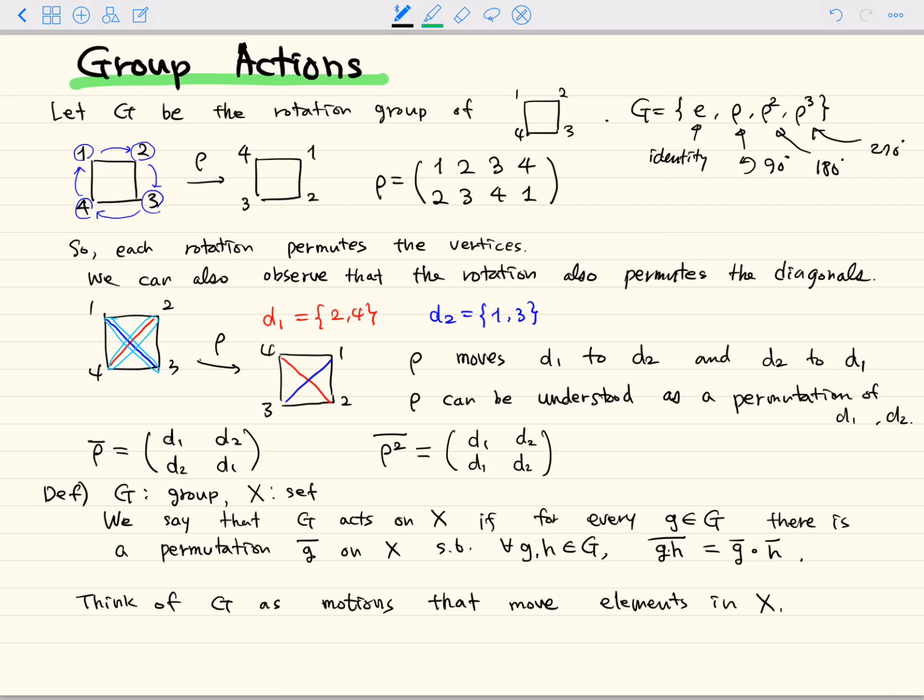The elements can be vertices or edges or diagonals, things like that. And a group action is really an abstract definition of this movement.